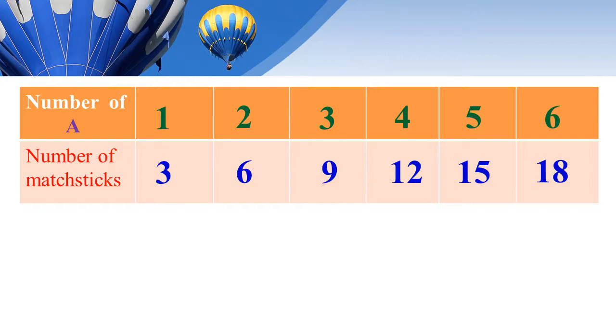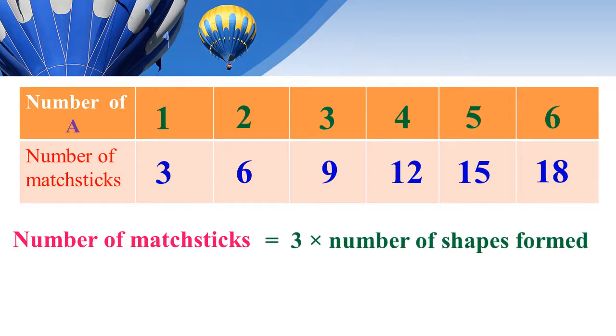Now, can you see any relationship between the number of matchsticks and the number of shapes formed? Yes. The number of matchsticks required is thrice the number of shapes to be formed. So we write: number of matchsticks equals 3 times the number of shapes formed.